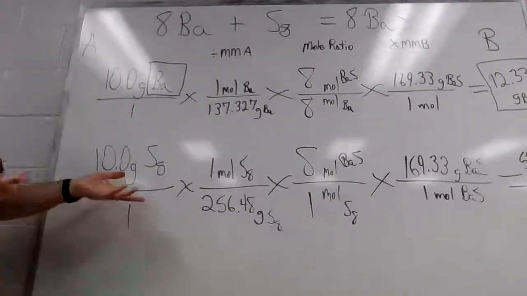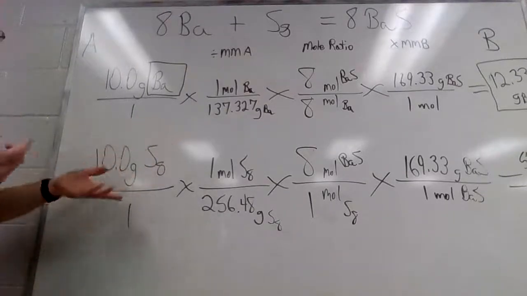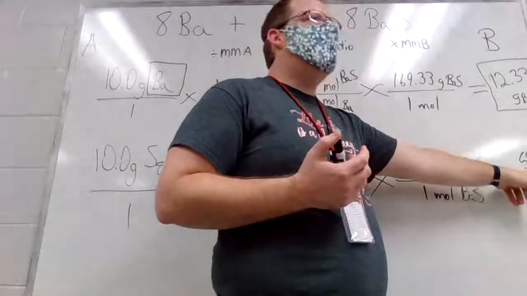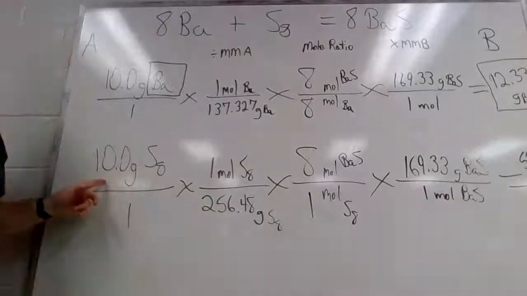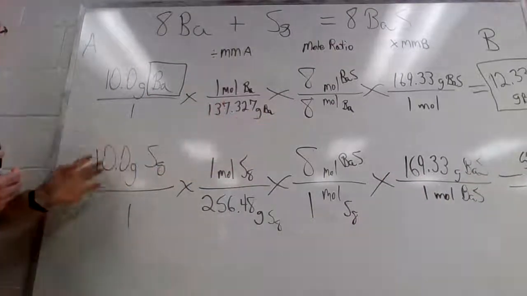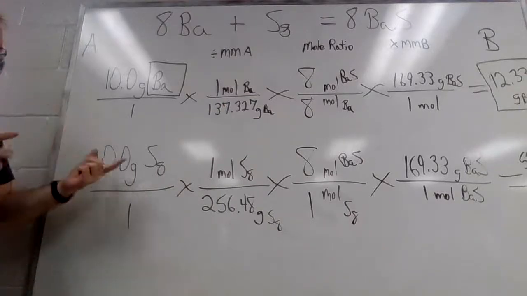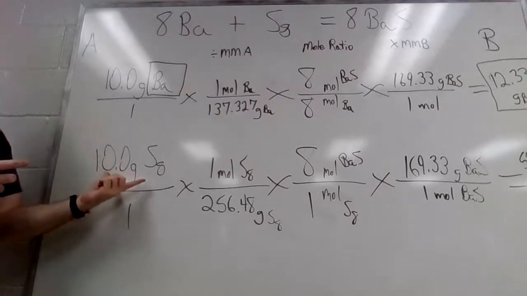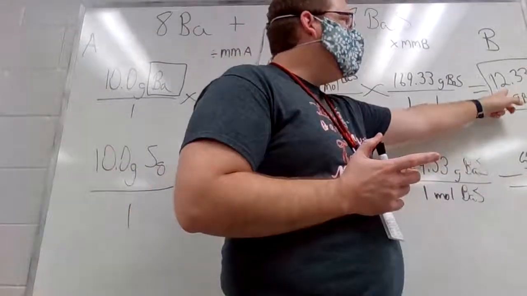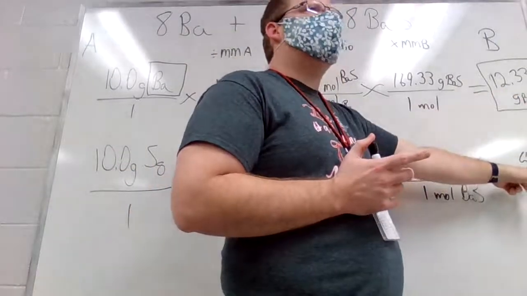I mean, I had to use it to know which was the correct answer, but did I make 52.82 grams of barium sulfide? No. And did I use all 10 grams of sulfur? No. So I didn't really use this equation at all, but the question is, how much of this sulfur would I have used if I had actually stopped at 12.33 grams like the other problem tells us to?